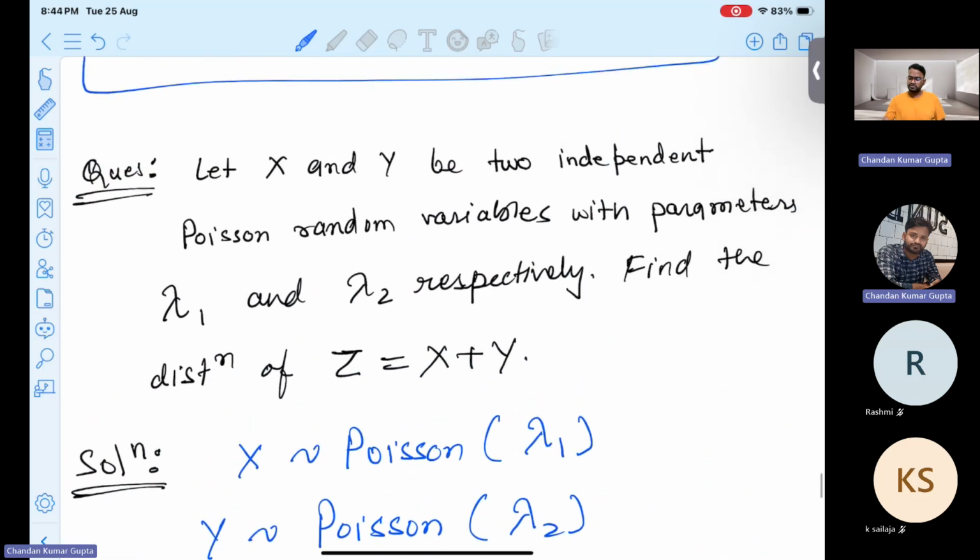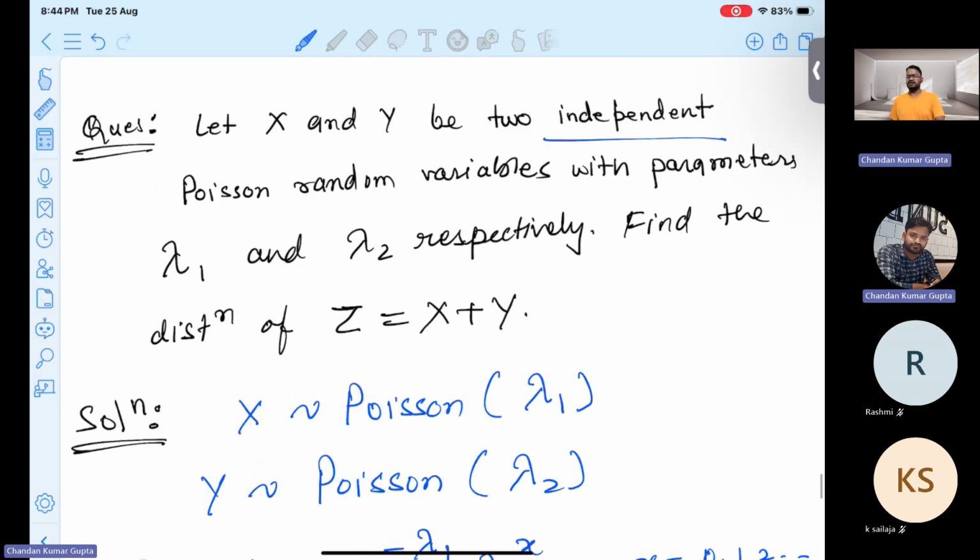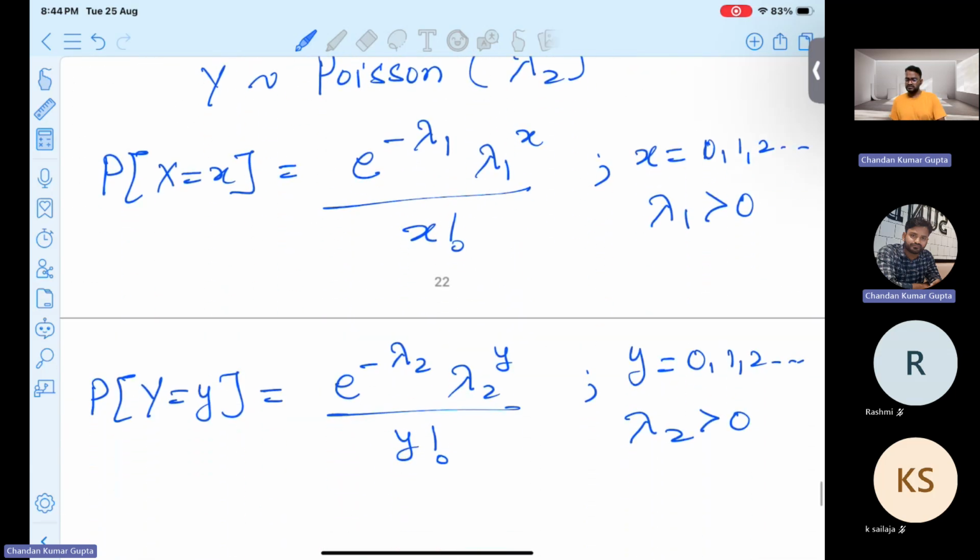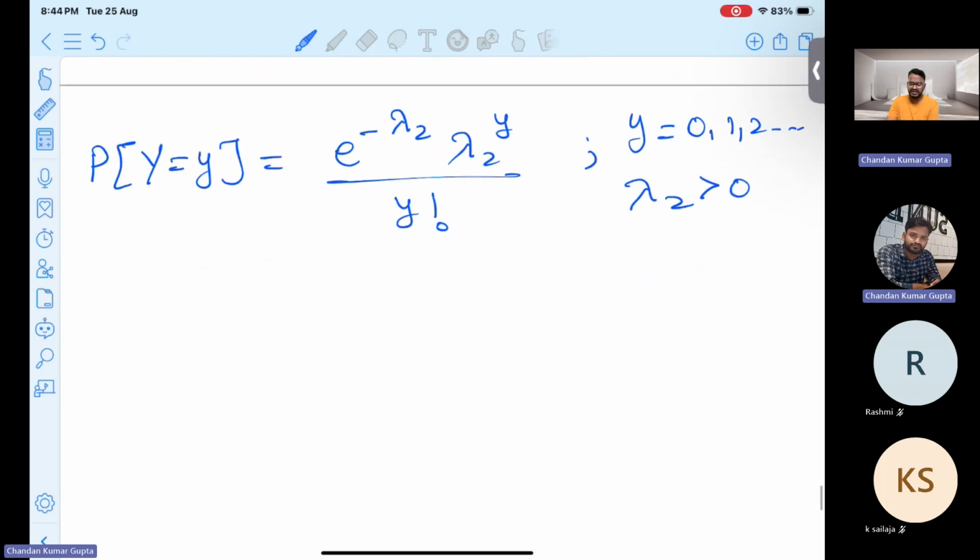We are also given one more thing: independent. Since X and Y are independent, we can multiply directly. But once you multiply this, you will not get anything nice because lambda1 and lambda2 are two different parameters. Lambda1 to the power x and lambda2 to the power y are also different. So what I'm suggesting is we can directly use the MGF.